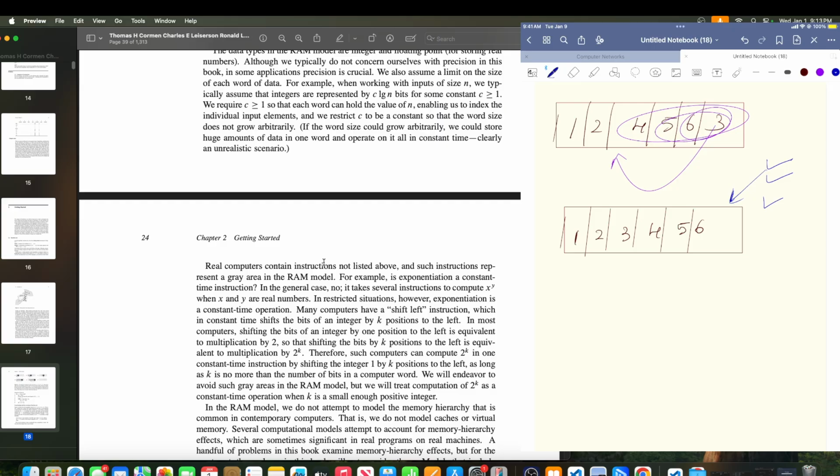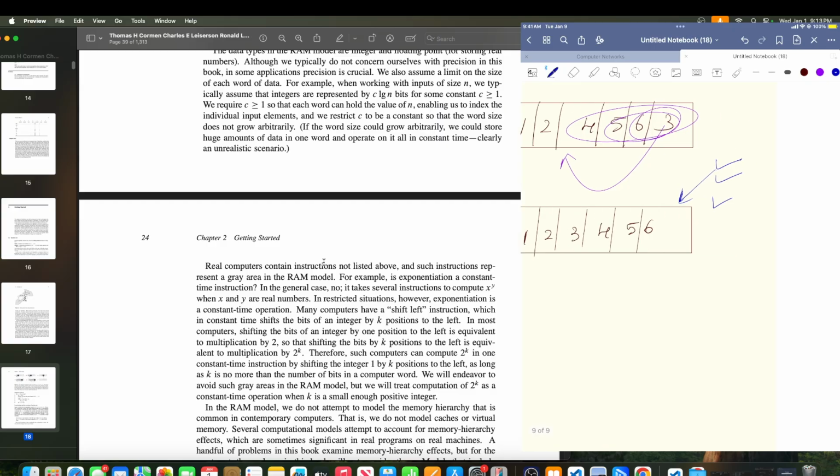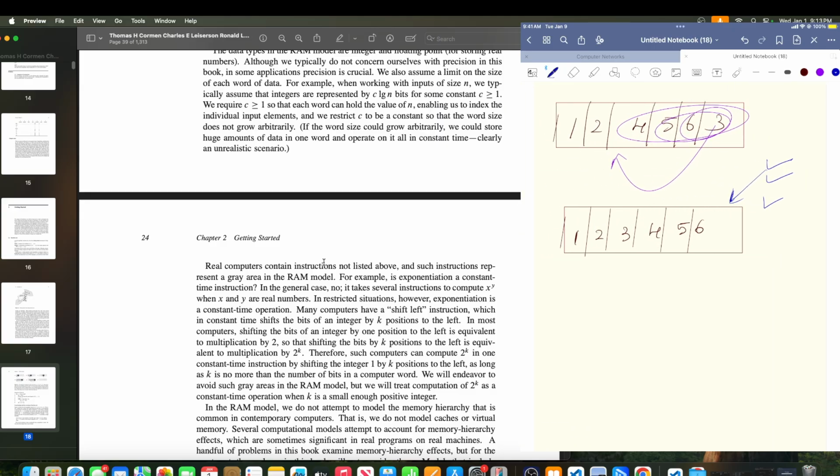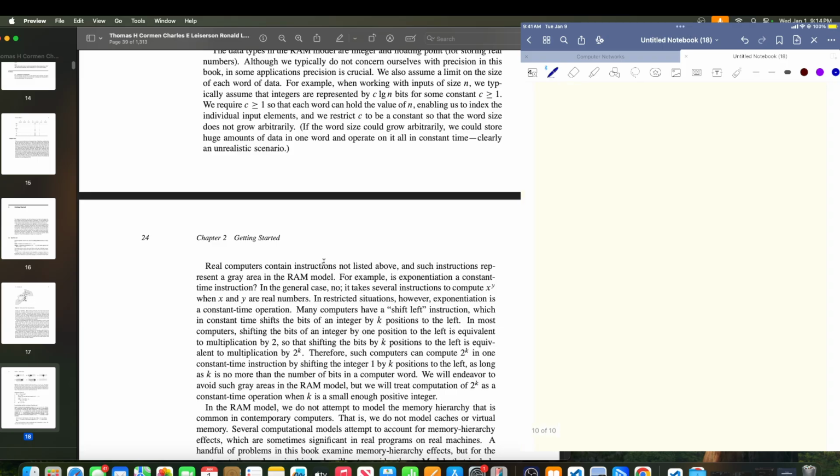So what he's saying is that now we need to decide which instructions we should count. Now let's go to the RAM model. This is the RAM. What he means by the RAM model is the operations performed by the RAM.